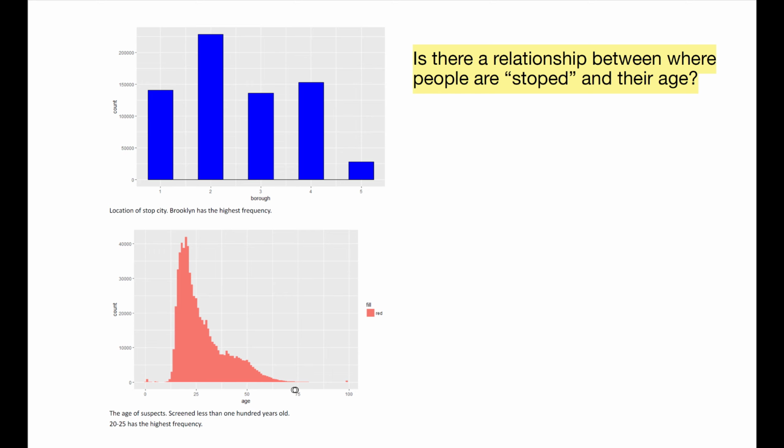And then we have the age of the people that are stopped, and as you can see, most of the people that are stopped are in the majority in the 20 to 25 range, but a lot of teenagers all the way down to 10, 11, 12 are also being stopped, and then as people get older, they are stopped less often.